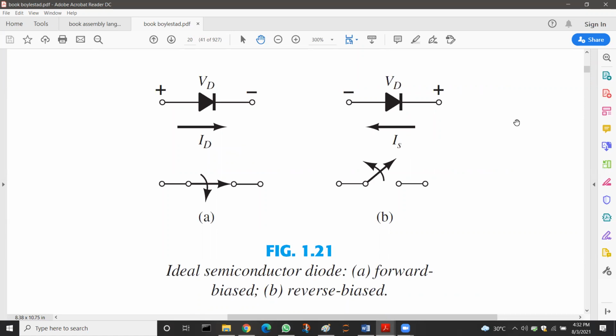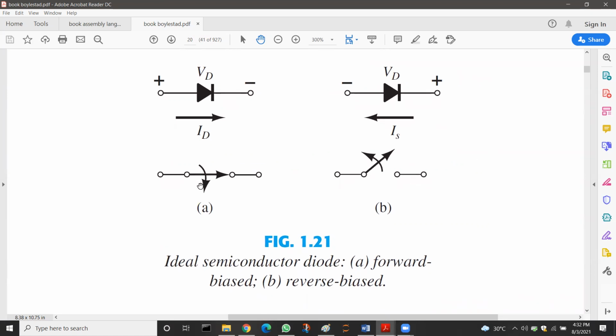This diode model is a switch. As you can see, in forward bias the diode acts as a closed switch, which we already mentioned in our last session. Similarly, in reverse bias the diode is completely equivalent to an open switch.